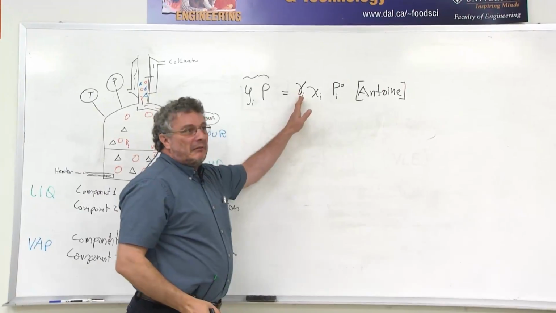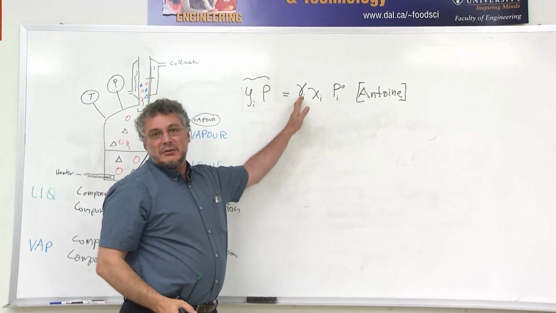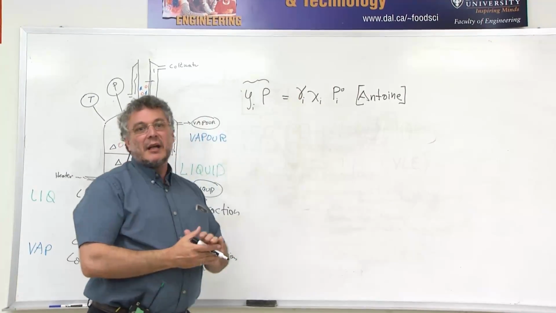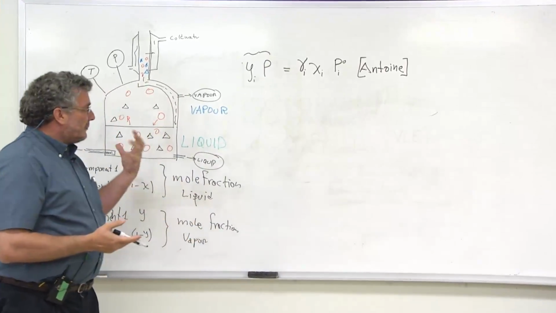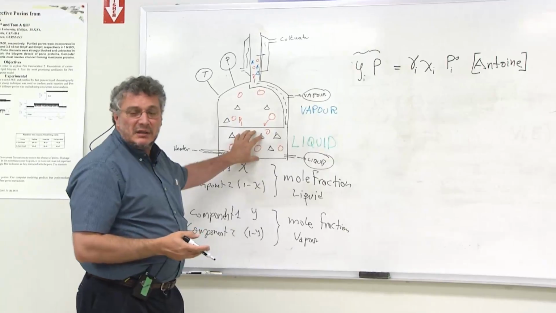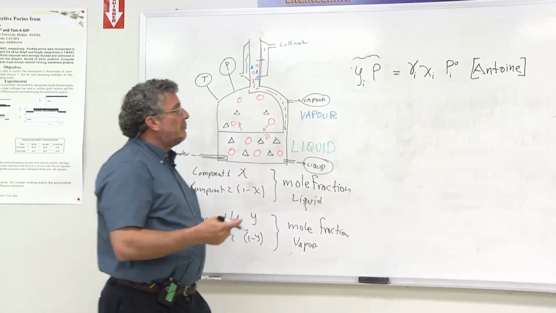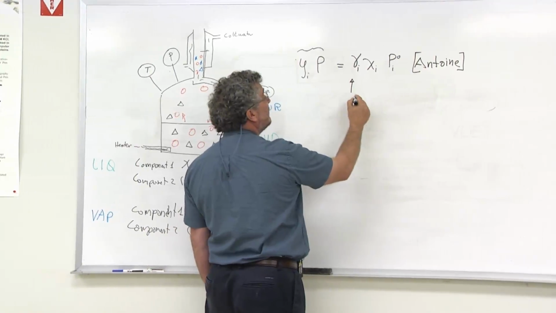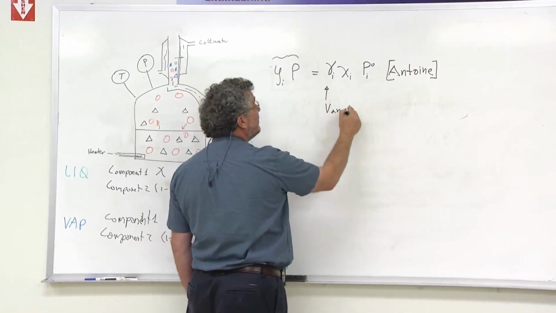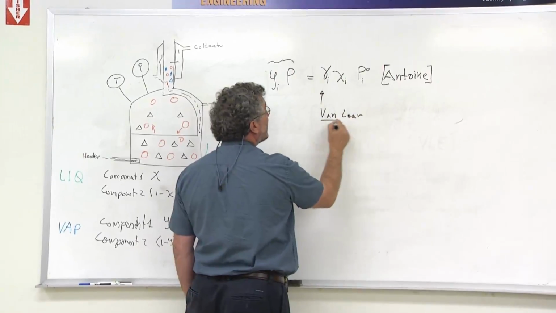And there are many equations to predict this activity coefficient based on the compositions in the liquid. The equation that we are going to use in this particular experiment is the Van Laar equation.